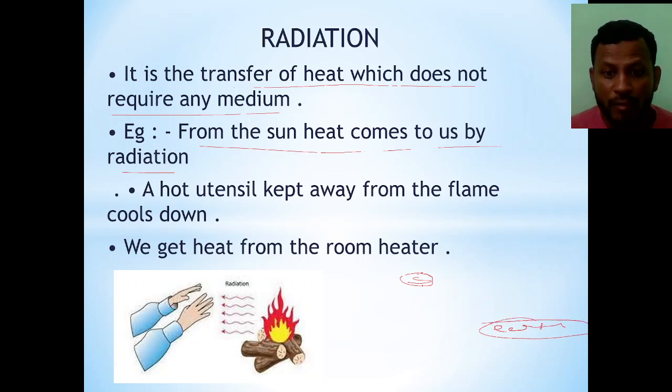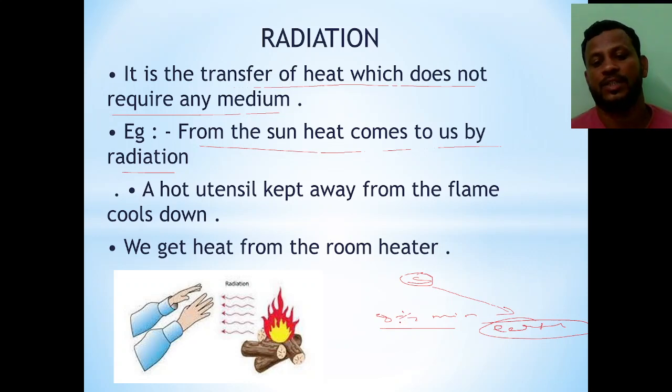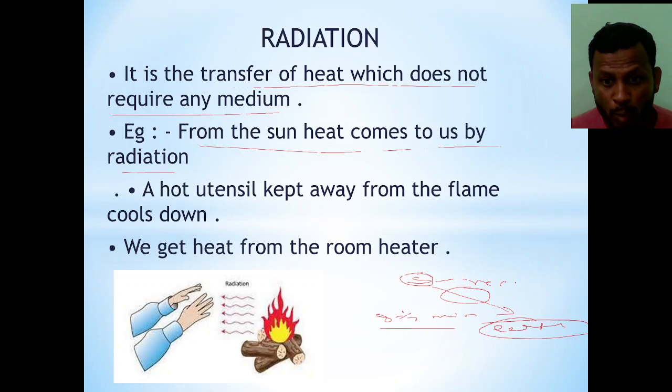When the sun releases its heat or rays towards the earth, it takes about 8.5 minutes to reach the earth. And in between the sun and the earth there is no medium present. Totally this region is a vacuum.